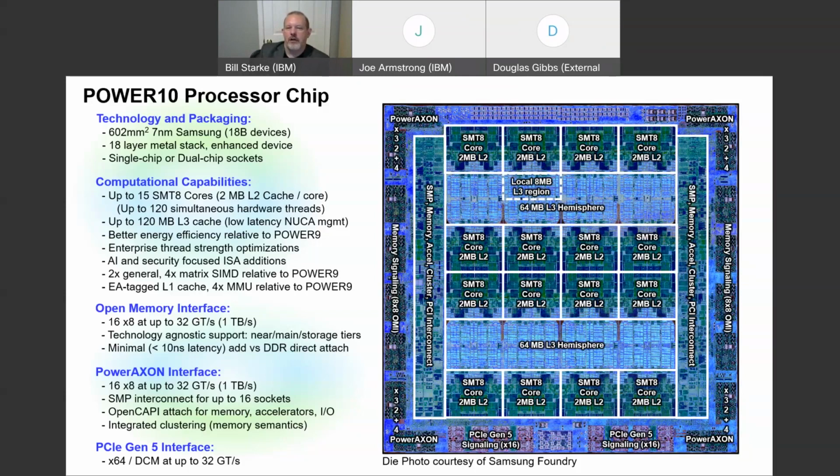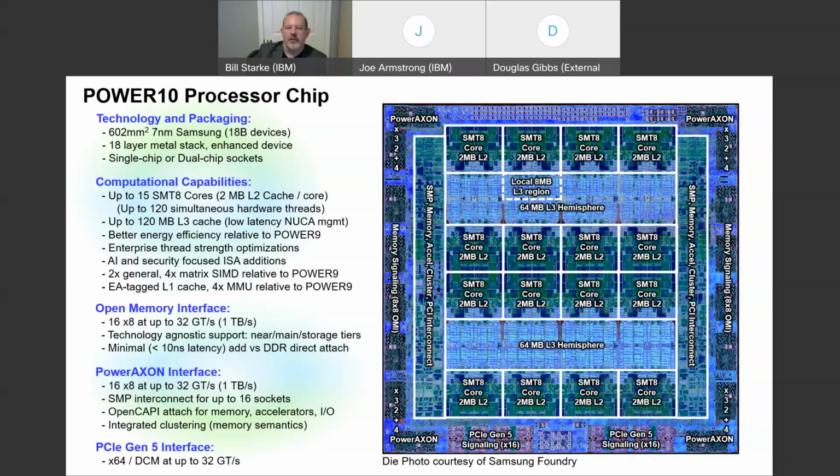So there are some slight variations. The difference with Power10, though, is that we've substantially improved the latency. It's about a factor of 3x better when you miss your local region and you go somewhere else. So you get about a 3x better latency to that local 64 meg hemisphere. And when you go to the other hemisphere, you're at about a 2x latency improvement.